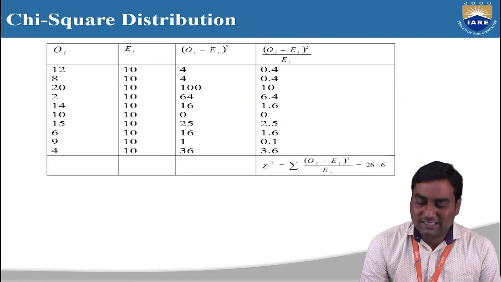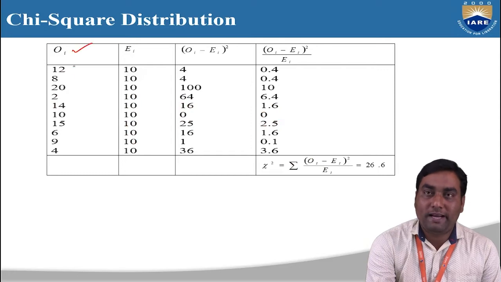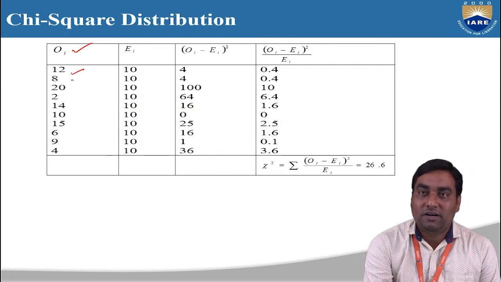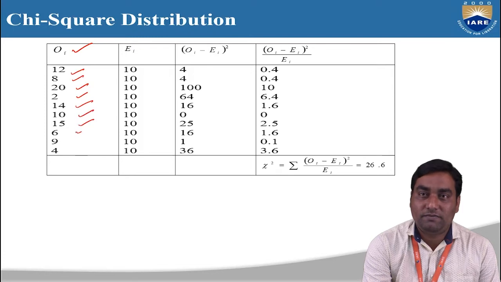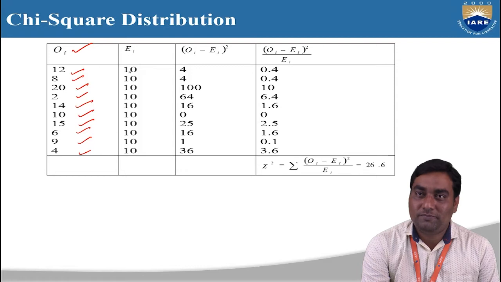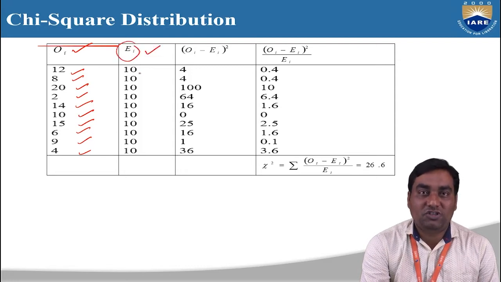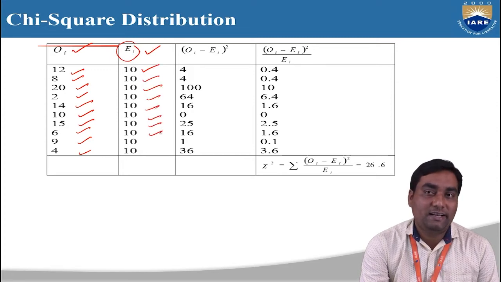The observed frequencies are given as 12, 8, 20, 2, 14, 10, 15, 6, 9, 4, which we have taken from the problem. And the expected frequency we calculated, the average of observed frequencies, is 10, written for corresponding observed frequencies in all 10 cases.